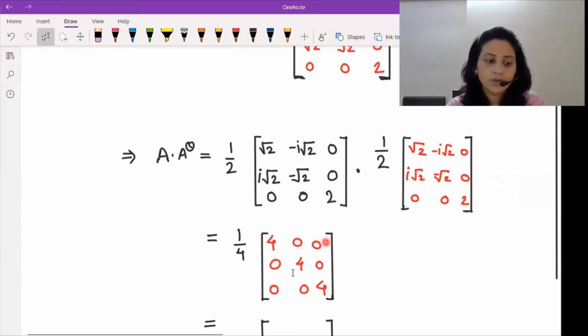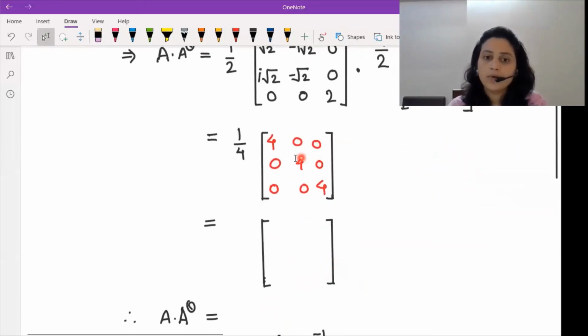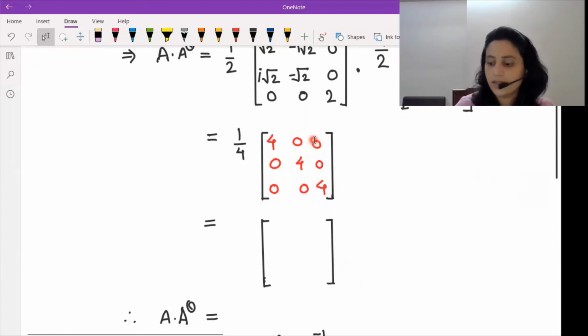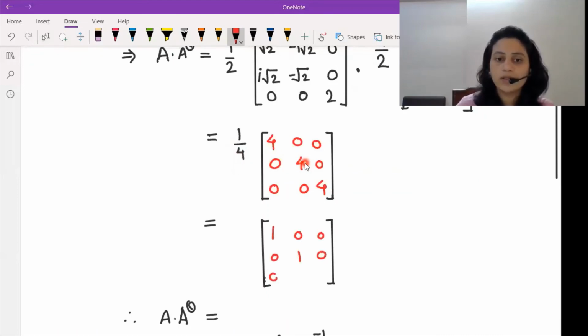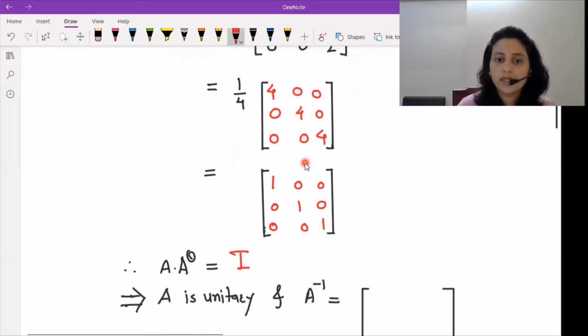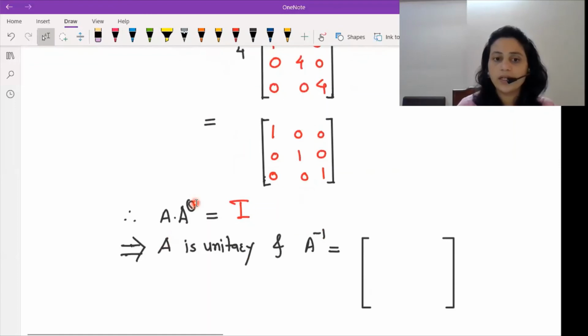Next, I am going to take 4 common from this matrix, and this 4 and the 1 upon 4 will get cancelled, and we'll get 1 0 0, 0 1 0, 0 0 1, and this is the identity matrix. So as you can see, A into A theta, this product, gives us the identity matrix. Therefore our given matrix A is a unitary matrix.